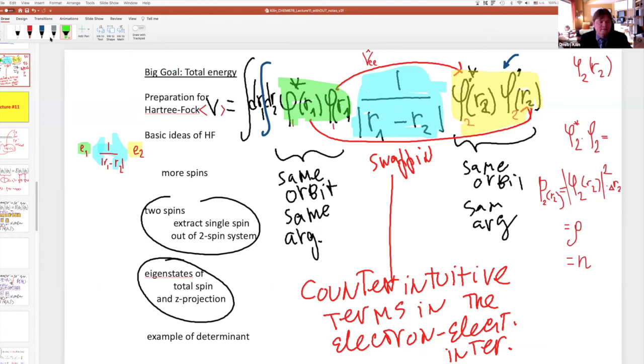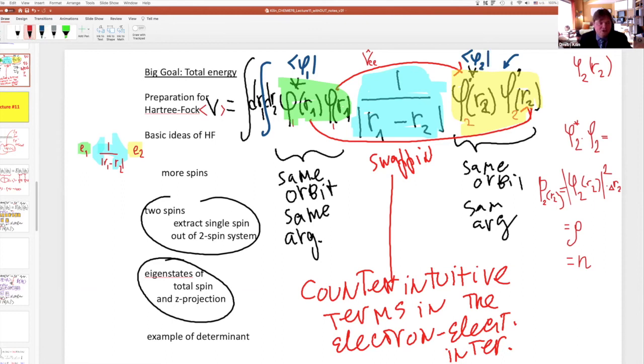The part with star is the bra, so it is phi 1 star, phi 2 star.